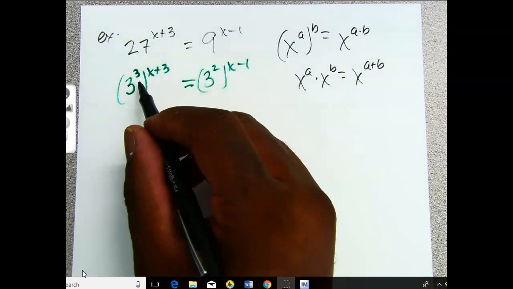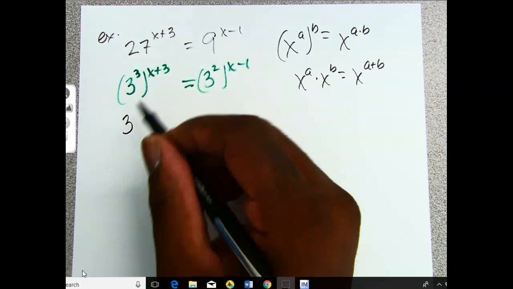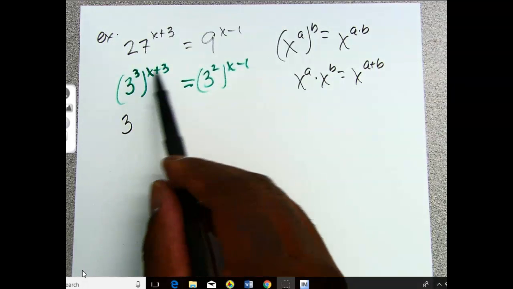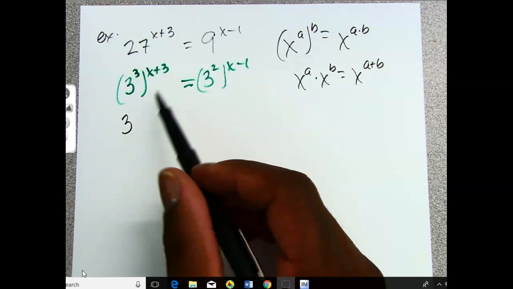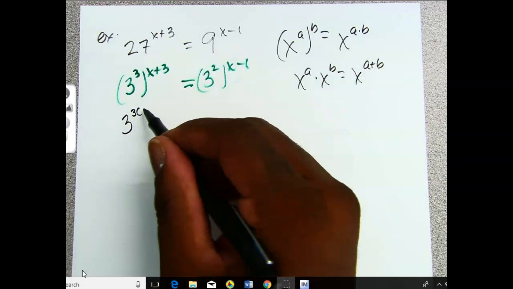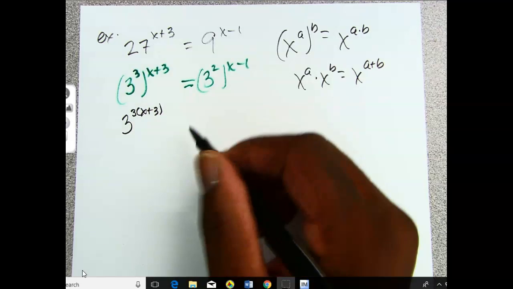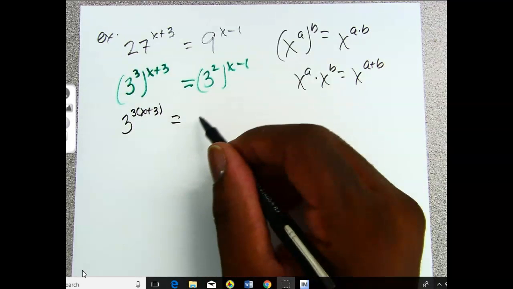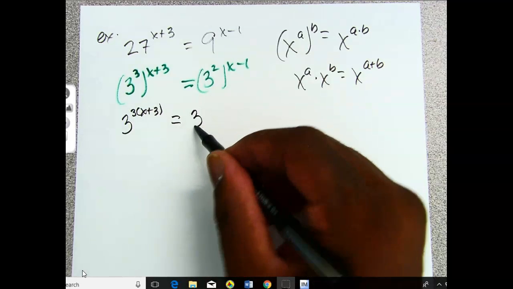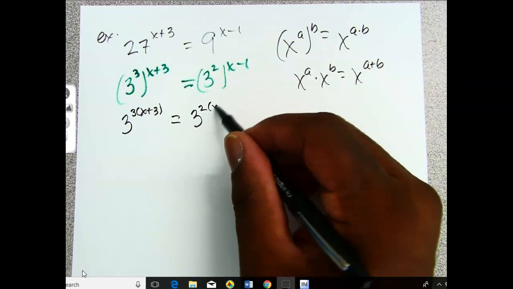So this becomes 3. Now I'm going to multiply 3 times x plus 3. And this first time I'm going to write it out to remind us that you are going to have to distribute that. So this would be 3 to the 2 times x minus 1.